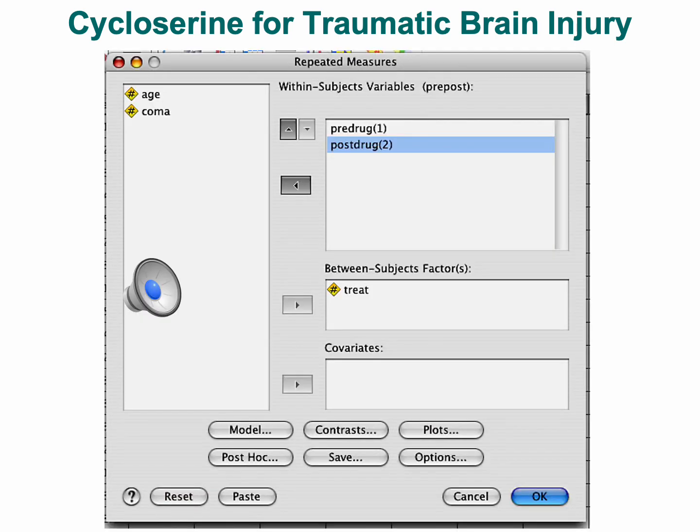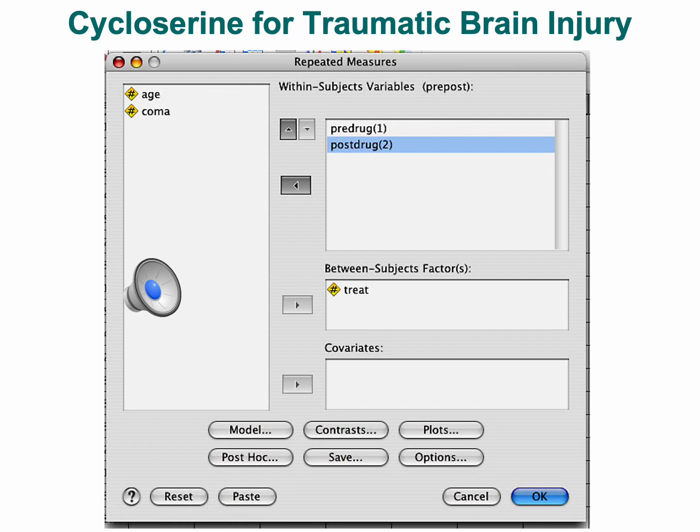Well, here's the next dialog box that you'll see. Now in this dialog box, we're going to set up the within subjects factor and the between subjects factors. We've already specified there's going to be a pre and post drug repeated measures. So what you have to do, all these variables that you see on the page now in the dialog box were originally in that window in the box on the left there, where age and coma are now.